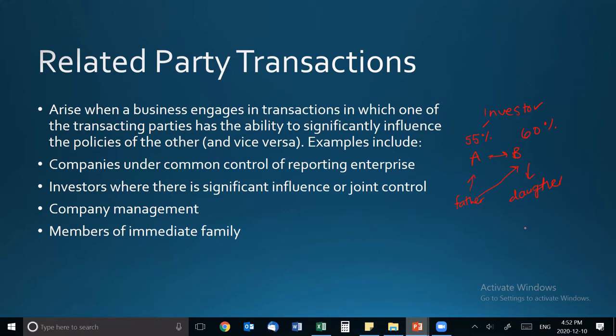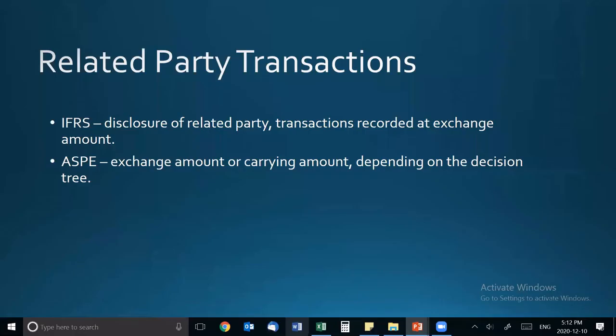So any family, company management, if there's the same type of people running company A and running company B, or the people running company A can significantly influence the decisions or policies of company B or vice versa. So that would be a related party transaction.